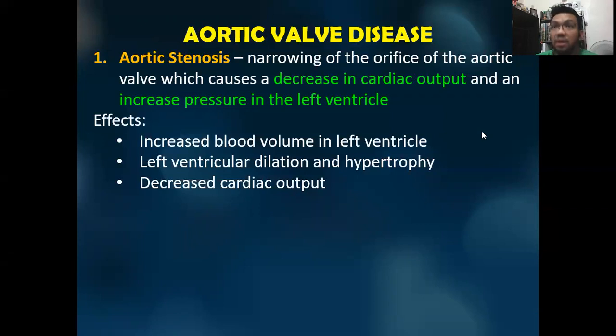Once that happens, the left ventricle will have an increased workload due to the amount of blood volume that it handles. It will dilate and later on hypertrophy. So the cardiac muscles there will have a hypertrophy. And of course, the cardiac output is going to be decreased this time.